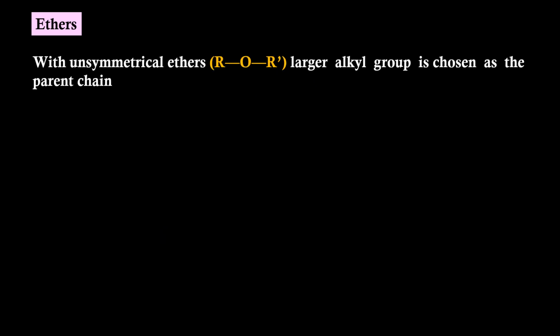With unsymmetrical ethers of the form ROR-, the larger alkyl group is chosen as the parent chain. In this molecule, we have 2 carbons on the left hand side of oxygen and only 1 carbon on the right hand side. So this will be our parent chain and this will be our substituent. Let's number the parent chain 1 and 2.